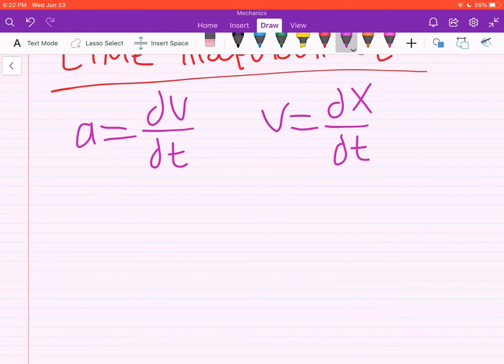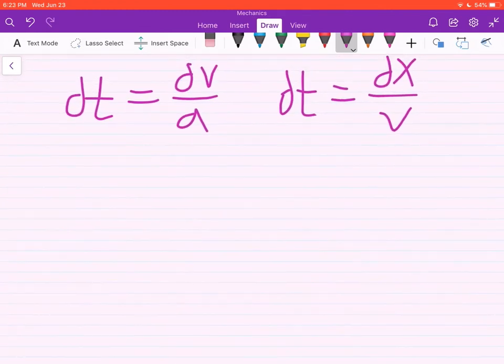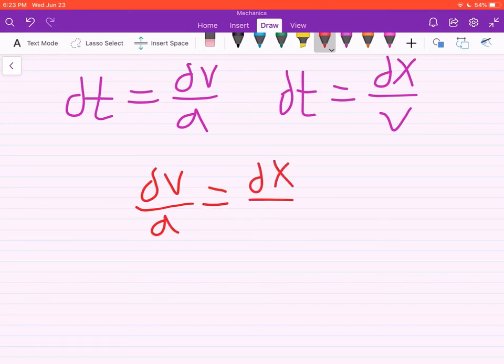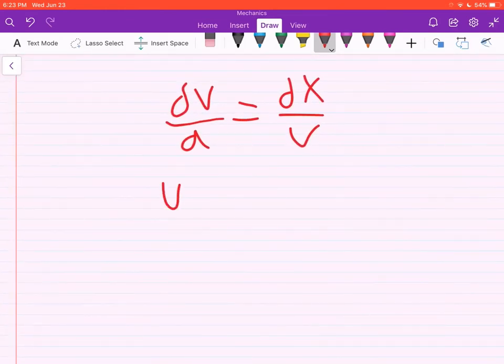On the left we have dt is equal to dv over a, and on the right we have dt is equal to dx over v. And now we can set those equal to each other. So we have dv over a is equal to dx over v, and we can cross multiply and say that v dv is equal to a dx.